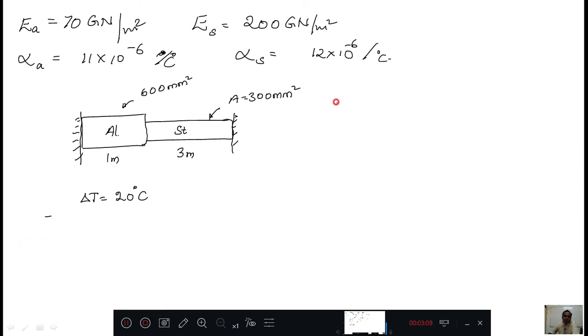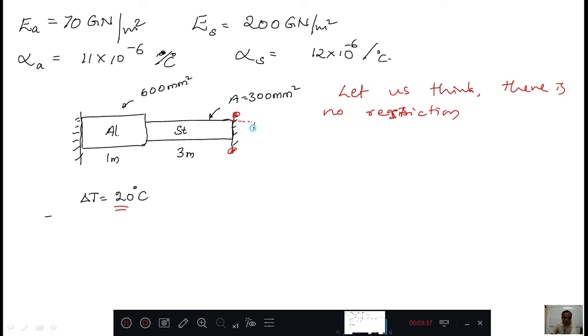Look here. Let us think that there is no restriction. When there is no restriction, this support is removed. When it is removed, because of the increase in temperature, this will expand.